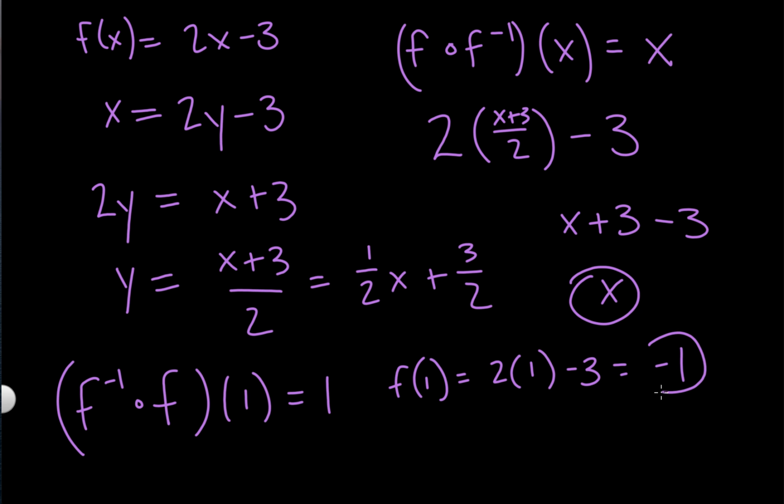I'm going to take this now and plug it into my inverse. So plugging it into the inverse, which was x plus 3 over 2, when I plug the -1 in, -1 plus 3 would give me 2 over 2, or 1, which is what we wanted.